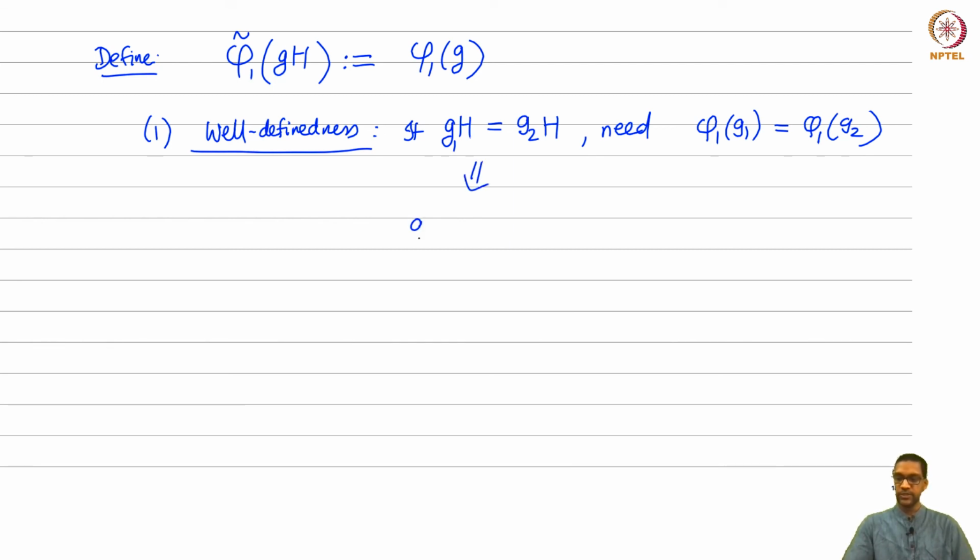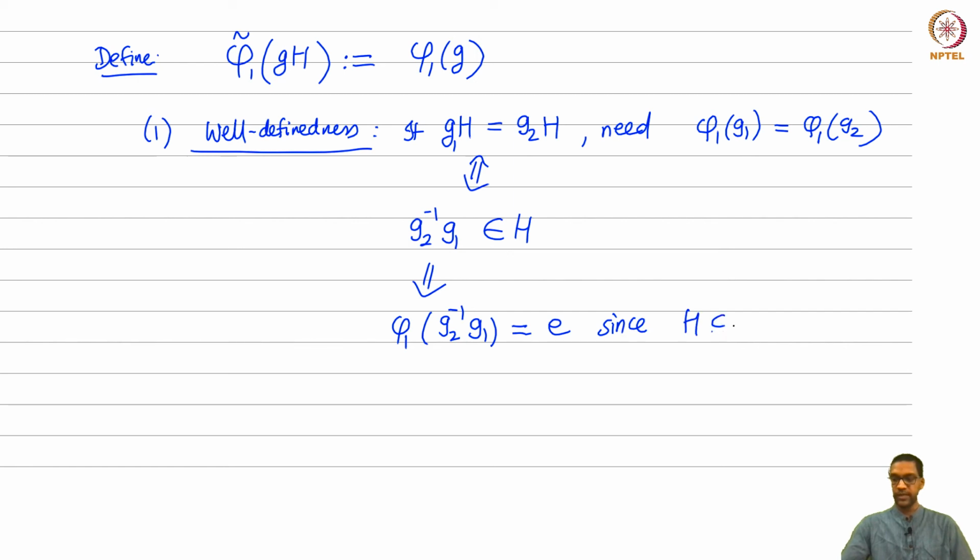g1H equals g2H is the same as saying, in fact, that g2 inverse g1 belongs to H. But remember, H is contained in the kernel. So in particular, phi 1 of g2 inverse g1 is the identity, since H is contained in the kernel, so I've used the property that's given to me.